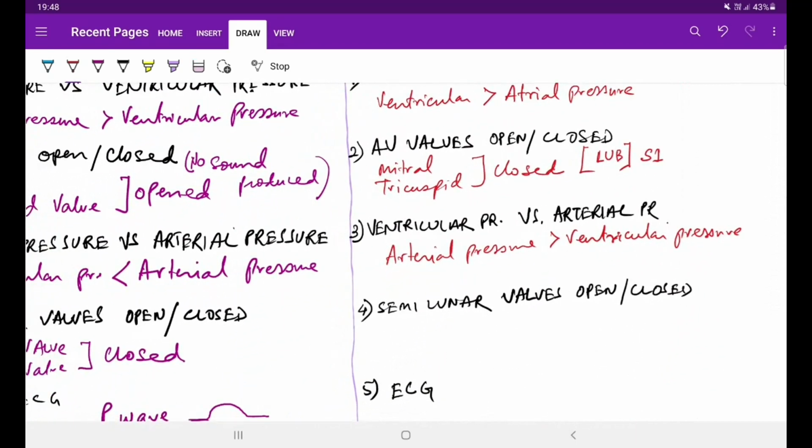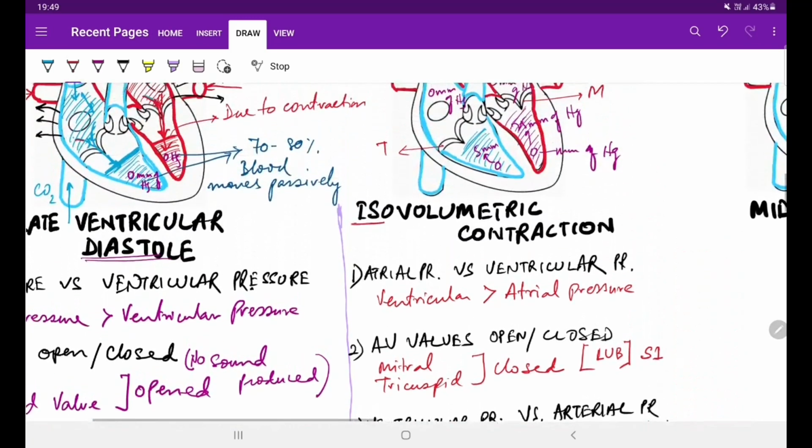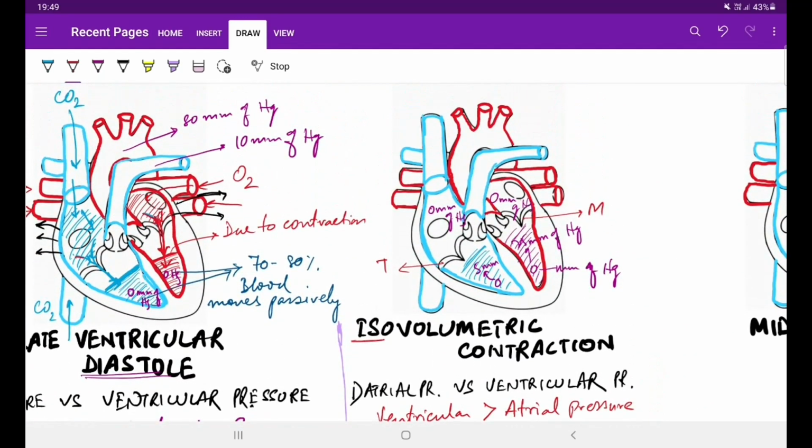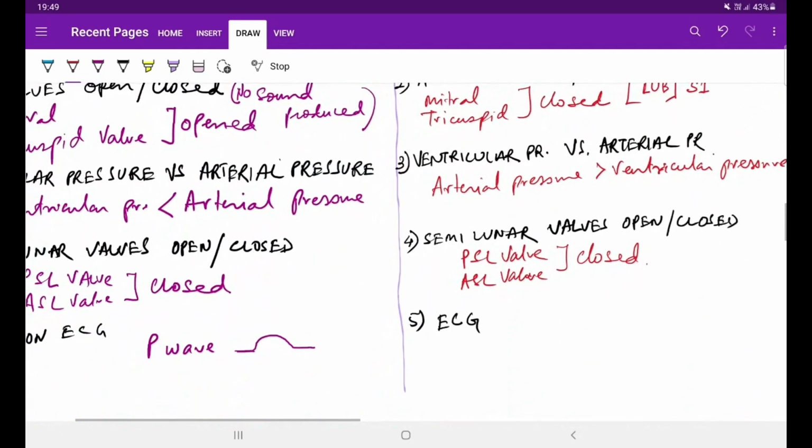Thus, the pulmonic semilunar valve and the aortic semilunar valve remain closed, because the pressure difference is still quite huge between them. In this manner, on the ECG we observe the QRS wave.